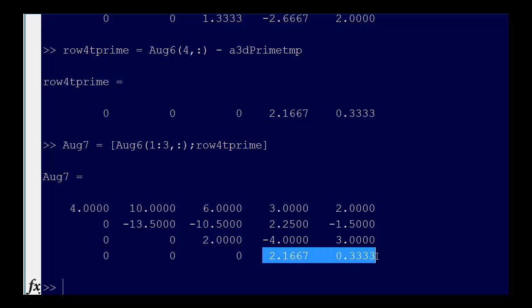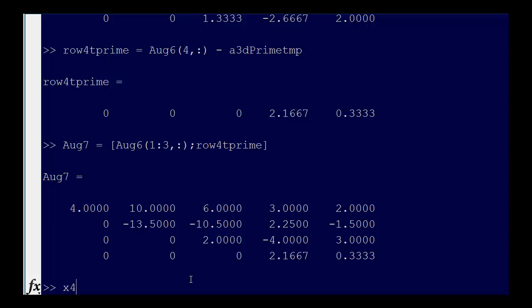So now we have x4 equals 0.33. We can plug that in for x3. So x4 equals x4. So, well, 2.167, x4 equals 0.33. So we're not quite there.